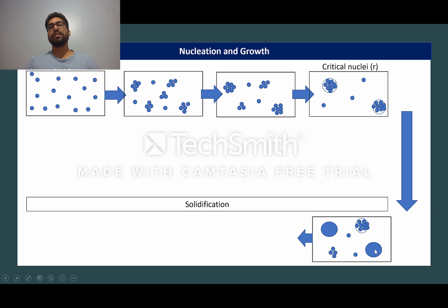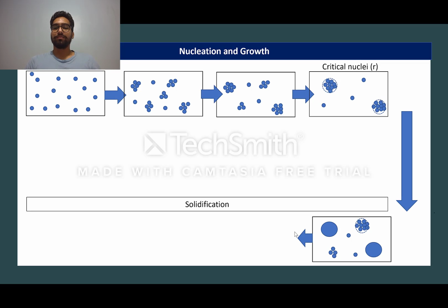It started growing, but at other places some other nuclei are formed and distorted, formed and distorted. But once the size reaches the critical nuclei size, then that site becomes the nucleation site and the solidification site. So no distortion takes place at that specific place.